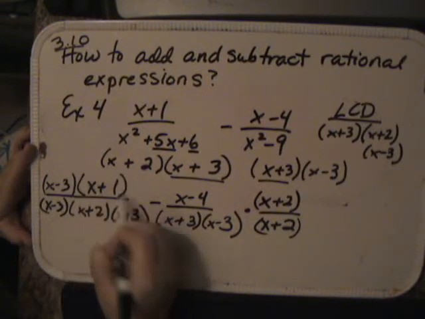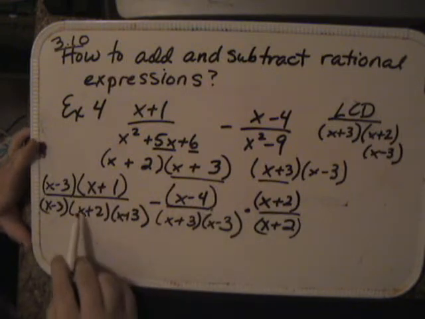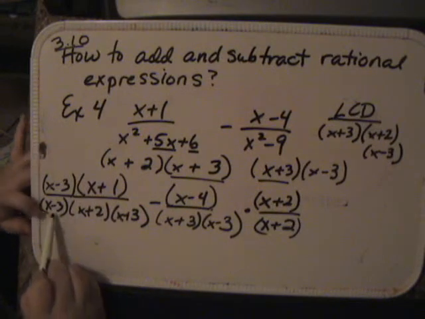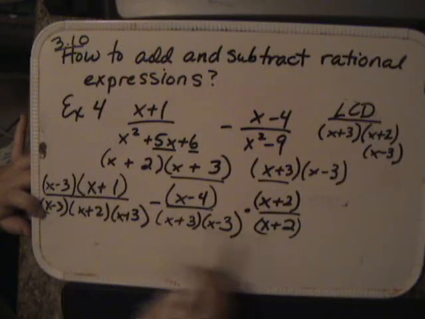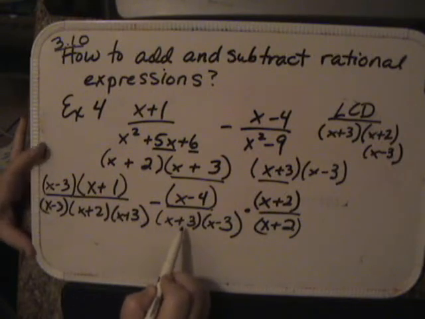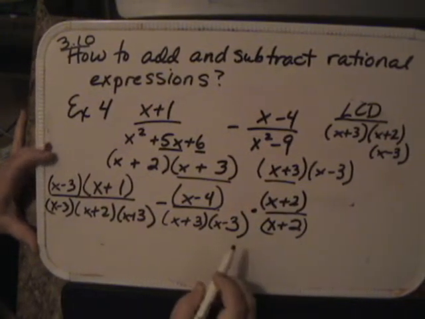So let's look at this and see what we get. Now we have the same denominator, minus 3, plus 2, and then a plus 3 and a plus 3. So we can add all of this together.